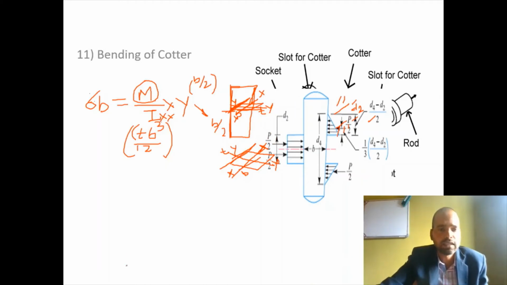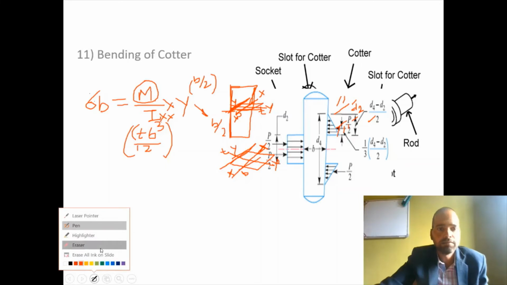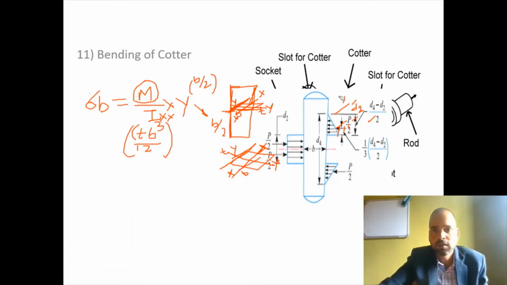The maximum bending moment will be calculated by assuming the force analysis. What is that force analysis? If I erase this unimportant part of this component, let's imagine this diagram. This represents a quarter joint. Now, force analysis of the quarter.